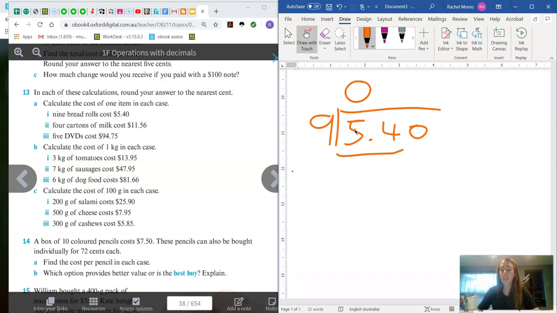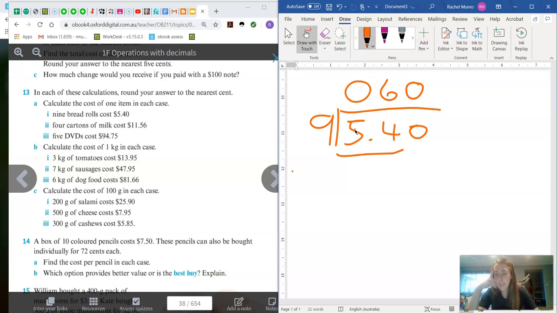So I need to know how many times does 9 go into 54? It's 6. It goes in equally, because 6 times 9 is 54. So I put down my 6. And then I go, well, how many times does 9 go into 0? And it doesn't, and I don't need to carry on.